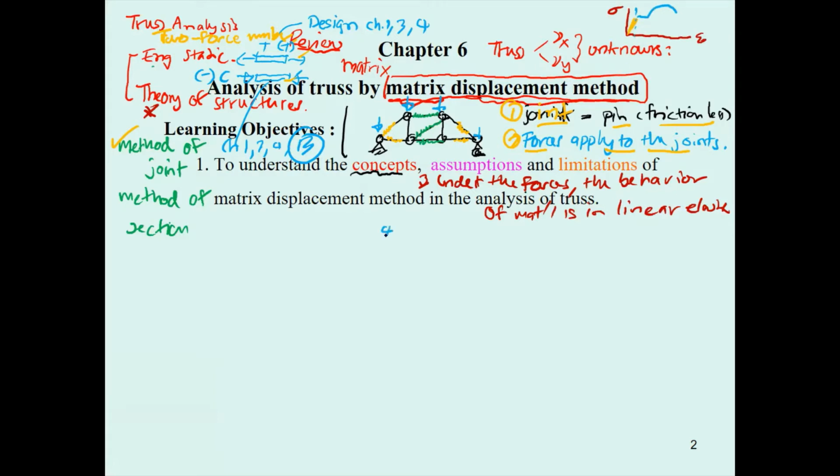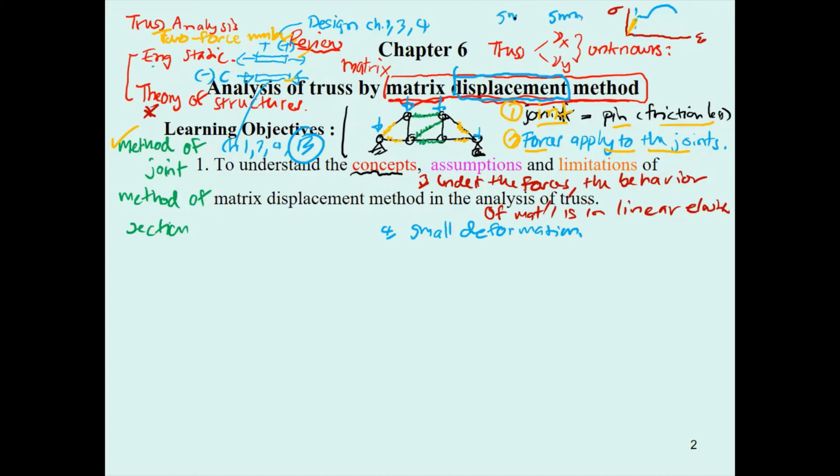And the fourth assumption is that under the forces, the truss has small deformation. So when you calculate the unknown displacement, your deflection is supposed to be very small, such as 5 millimeters.